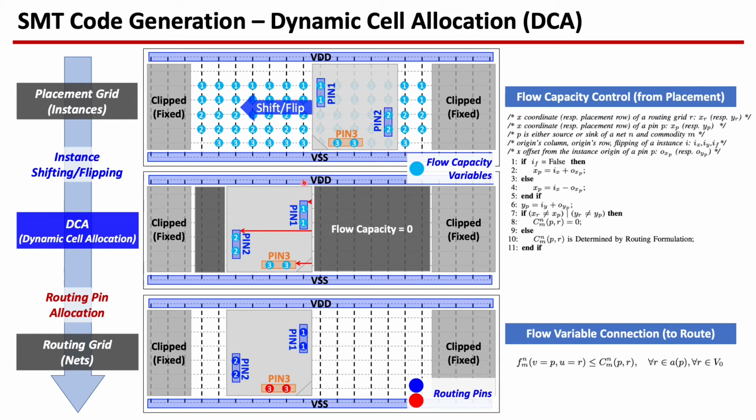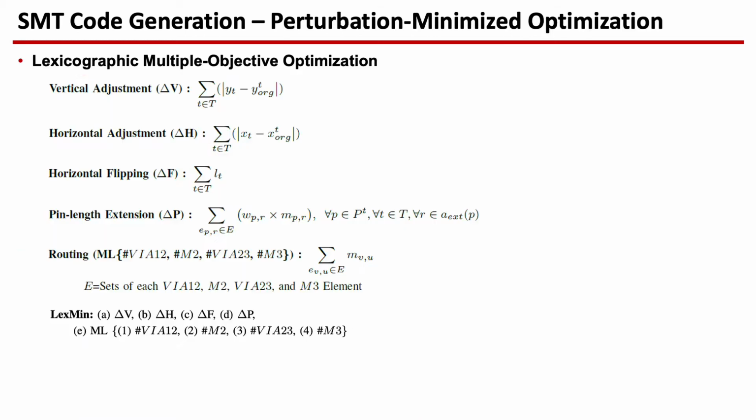Then those capacity variables are dynamically associated with flow variables, and this enables our routing formulations to recognize the feasible sets of routing pins. To honor the given initial detailed PNR solution, we minimize the perturbations made by refinement operations. Core ECO simultaneously optimizes these multiple objectives in light of the lexicographic order.